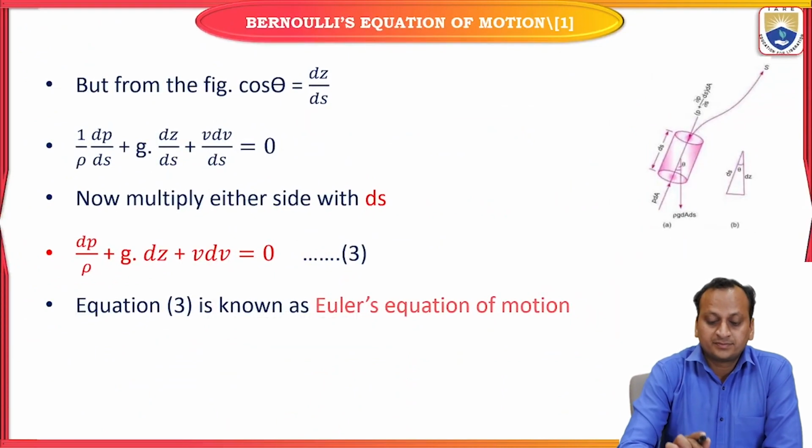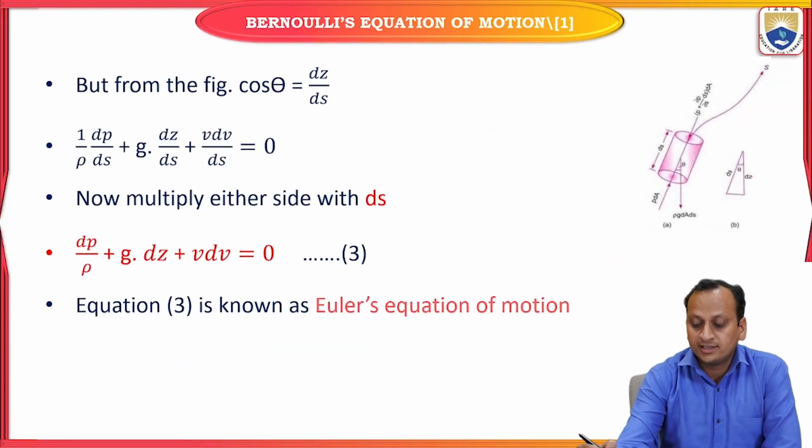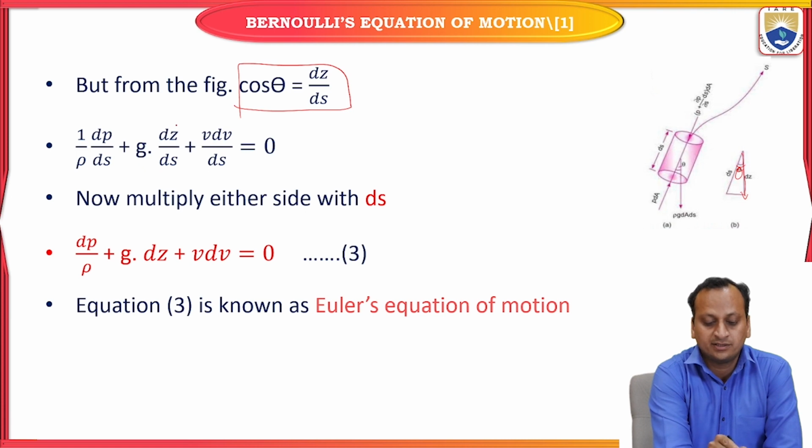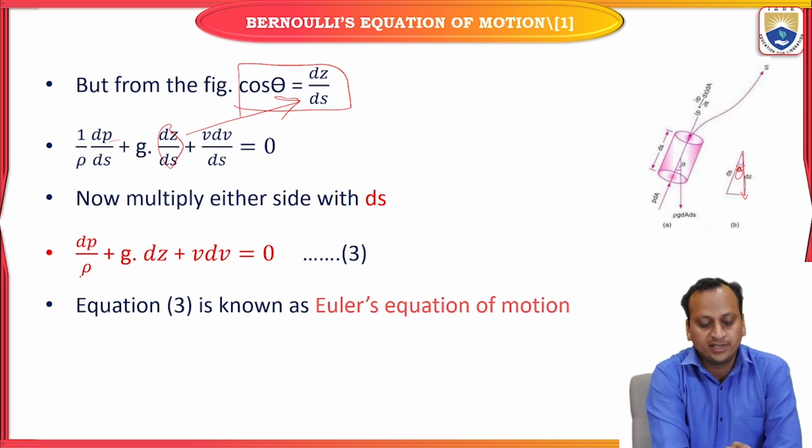But from this diagram, we can see that this is theta, so between these two components dz and ds, cos theta equals dz by ds. So if you substitute cos theta equals dz by ds in g cos theta, it can be written like this: 1 by rho into dp by ds, or dp by rho, plus g dz, plus v dv.